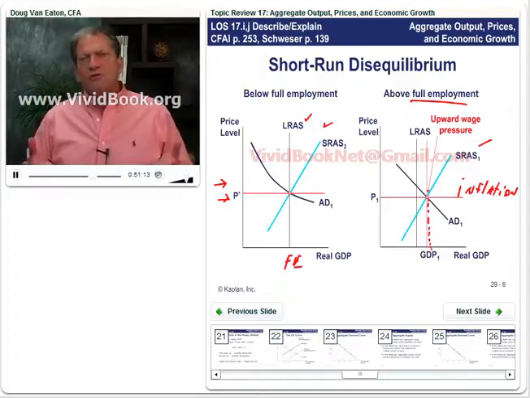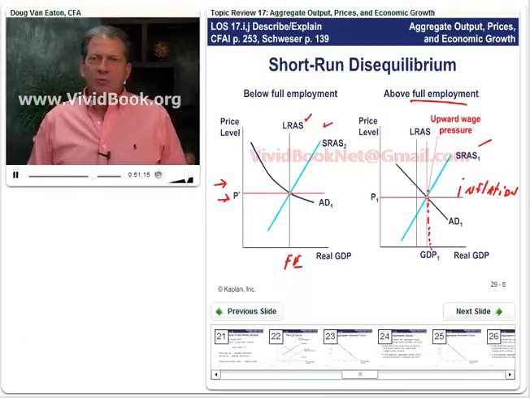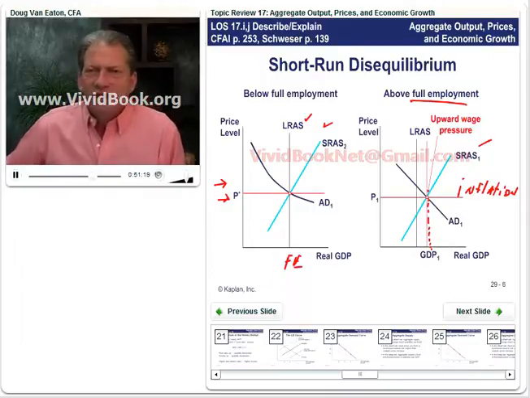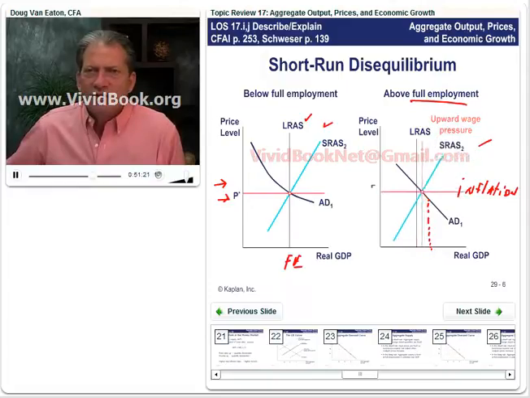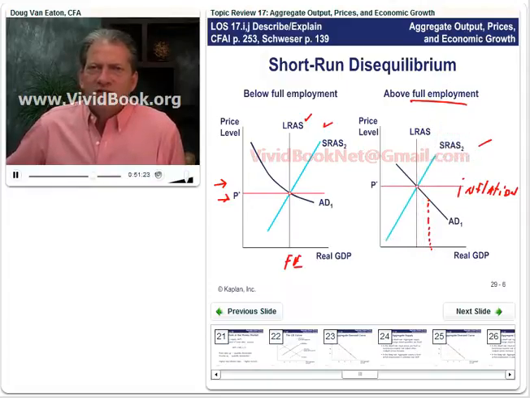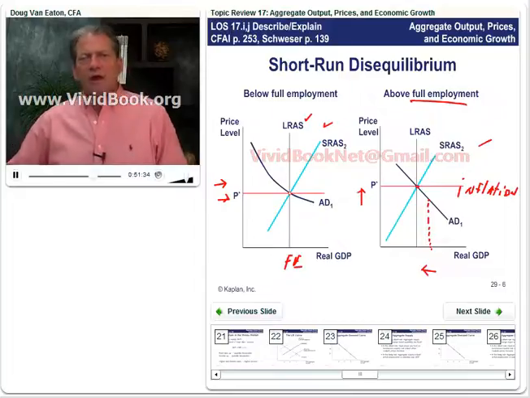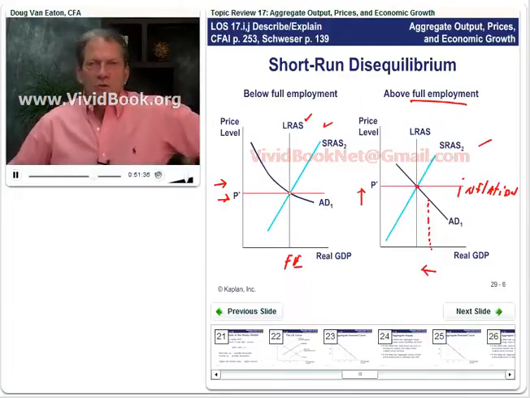As these prices rise, what happens to short-run aggregate supply? Well, when input prices rise, it's going to decrease, and we'll see that as a shift to the left, which gets us back. So prices went up, and output went down, and we're back on long-run aggregate supply in long-run equilibrium.